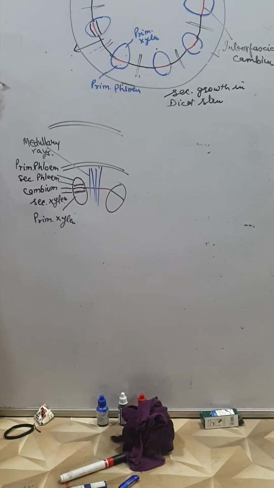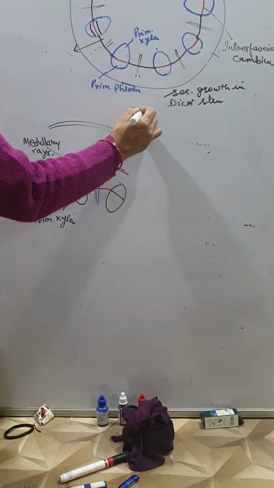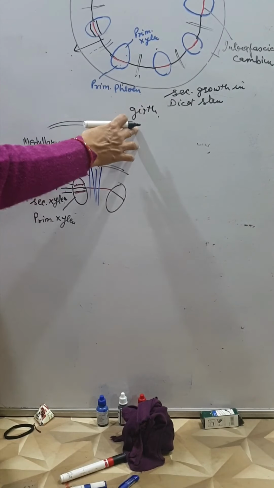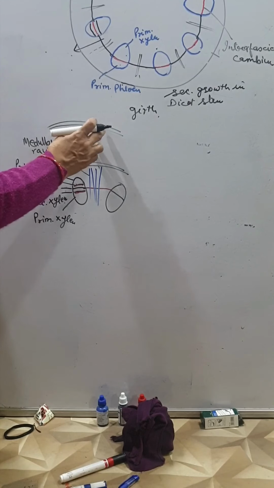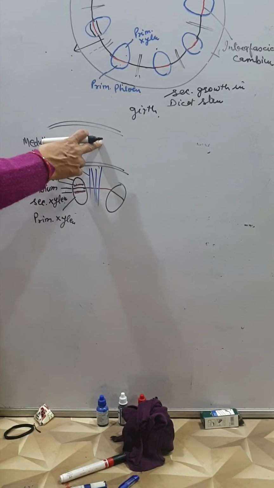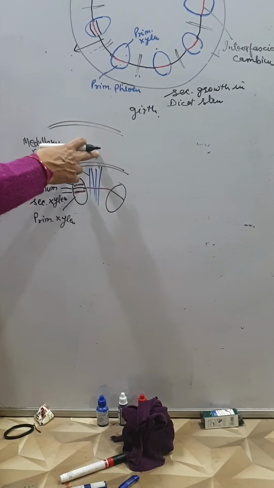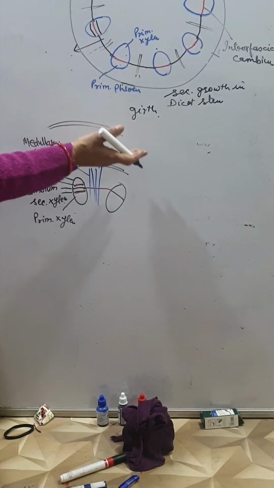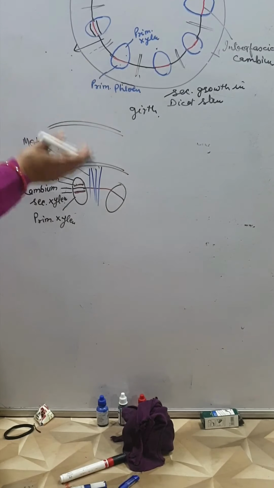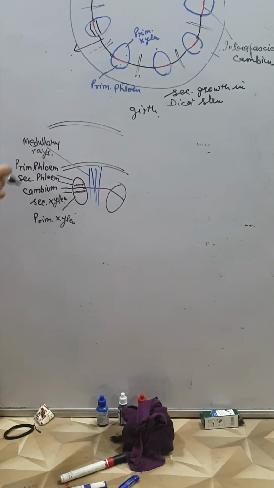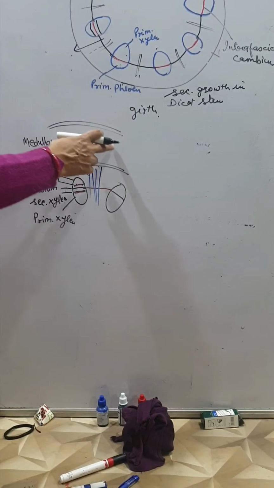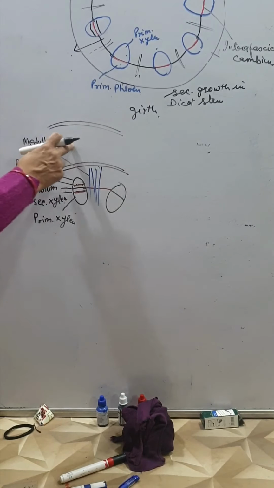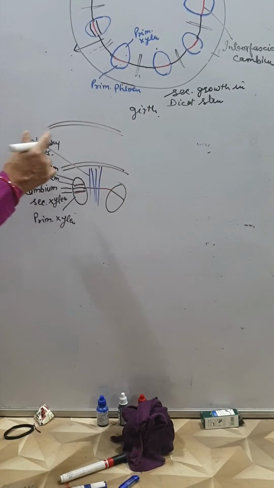As the stem continues to increase in girth due to the activity of vascular cambium, the outer tissues, the epidermis and the cortex, get broken and need to be replaced for protection. So sooner or later another meristematic tissue develops in the cortex.